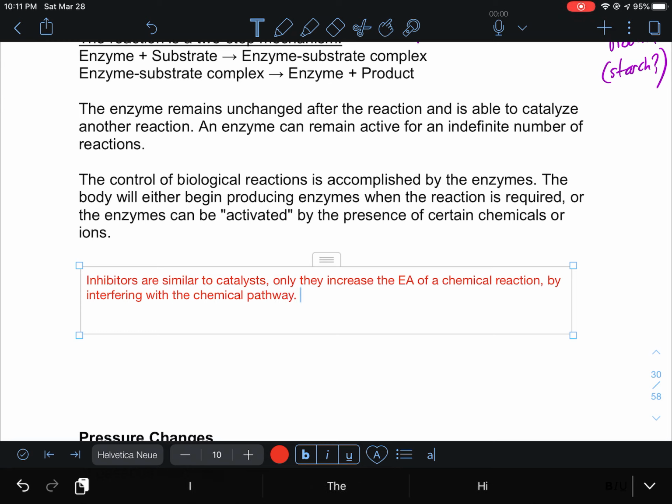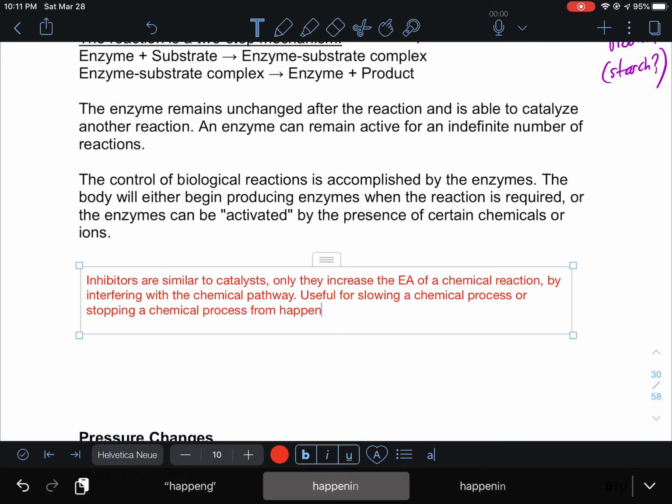Inhibitors can be useful in some cases. Sometimes an enzyme reaction, for example, is happening in a way that is unfavorable, or it's not something that you want to happen. It could also be valuable for slowing a chemical reaction. So they're useful for slowing a chemical process or stopping a chemical process from happening at all.